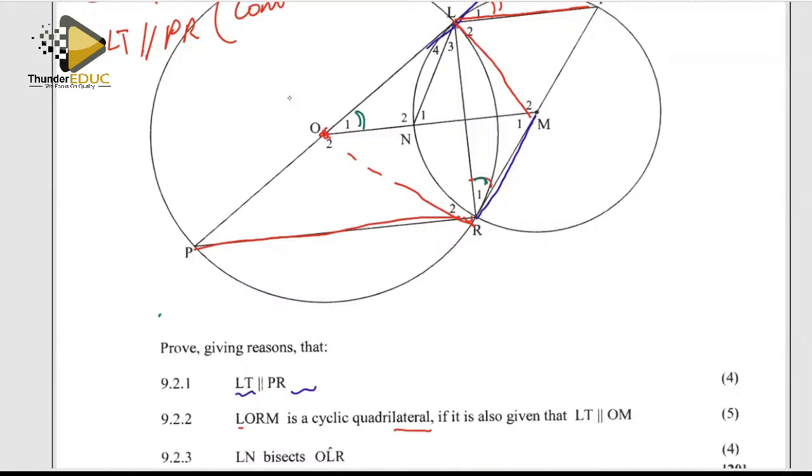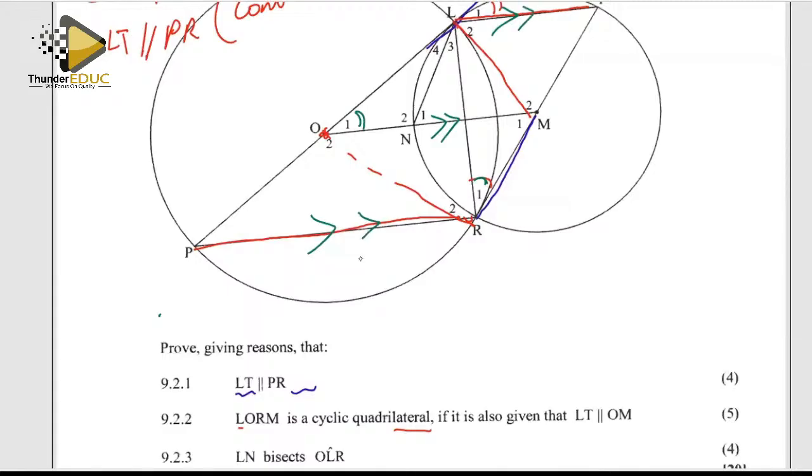Whichever one I prove, I should be able to get that. I don't know why they're giving it 5 marks. They're telling us that this line LT is parallel to OM. So these lines are parallel.